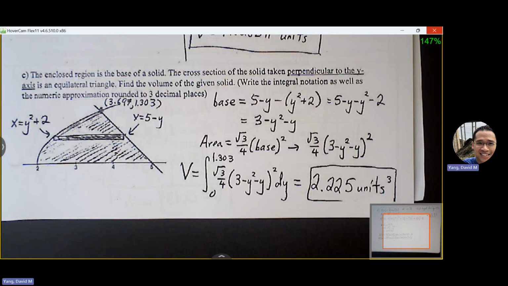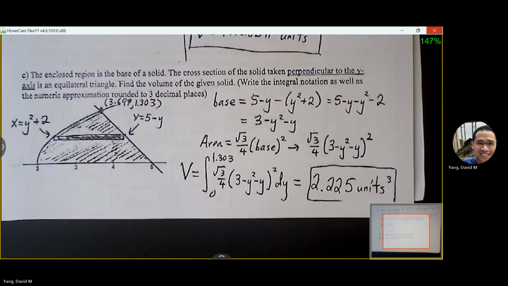So build your base, then adapt the area that we want to build on top of the base, and then extend it to the third dimension by including the integral notation. We can reuse the information from parts A and B.